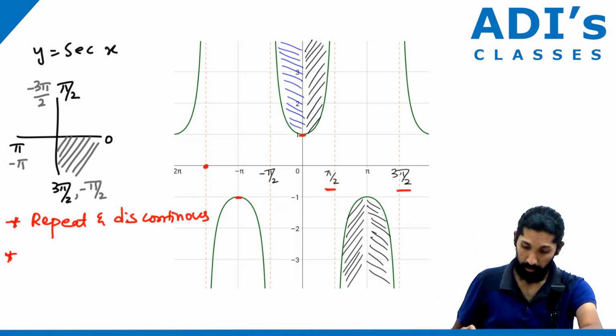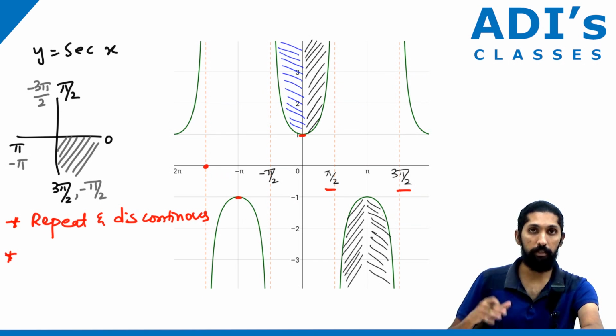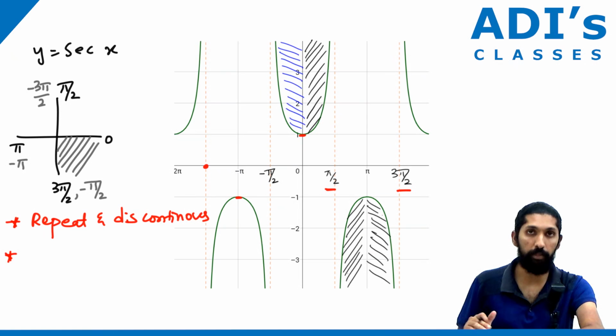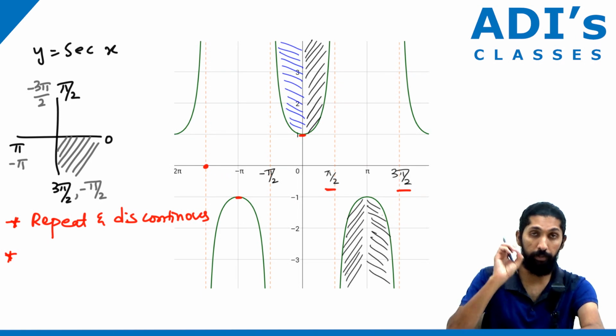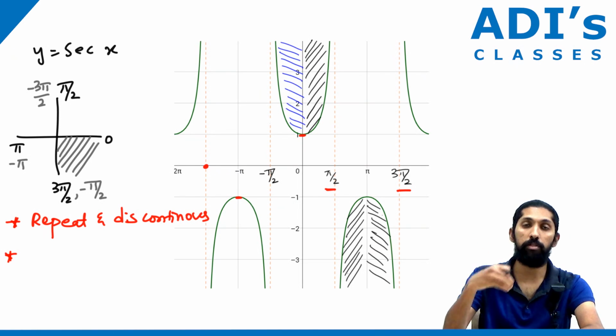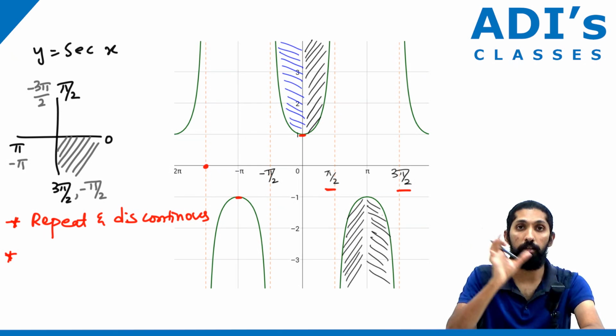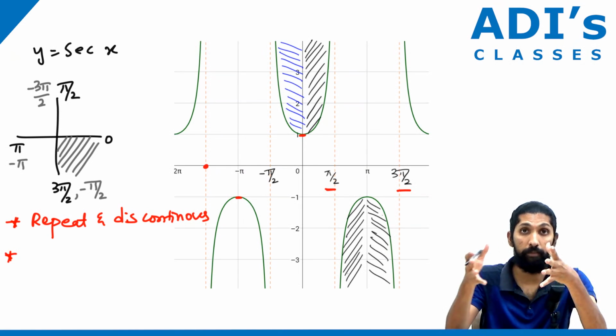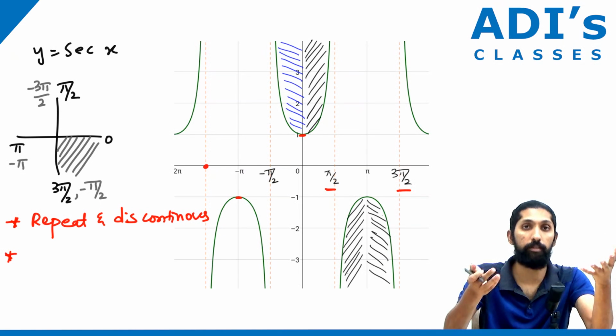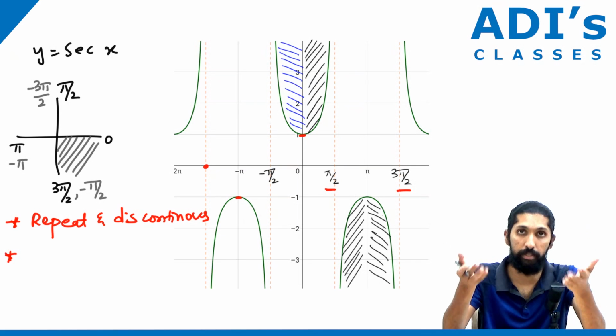That means you can say the range of this particular function. I'm deliberately not using the word range because you need to understand the actual meaning of range. For now you can just tell whatever that particular area where the secant x is going to work, or wherever secant x is present.